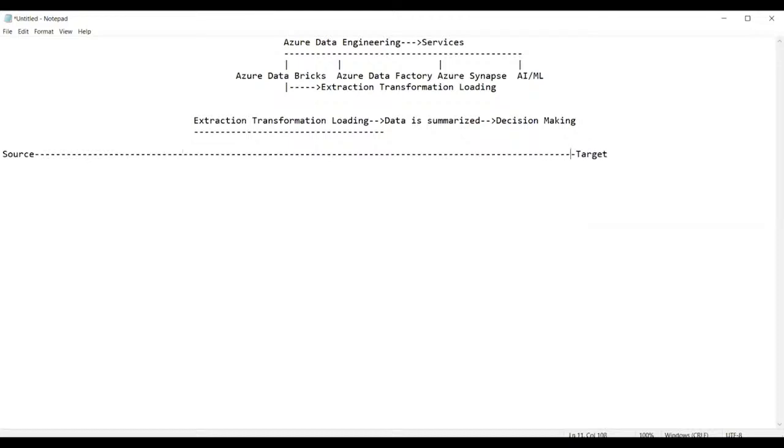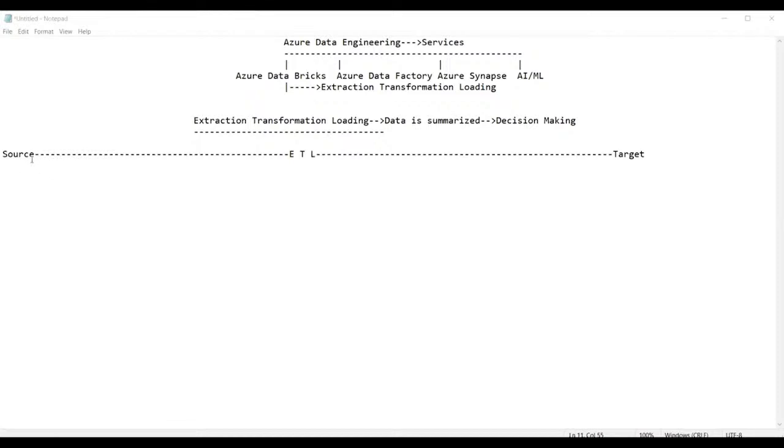Now guys, what is a source and what is a target? Between the source and the target, this process of ETL is always applied, irrespective of whatever service we use. ETL is a process where the data is summarized.